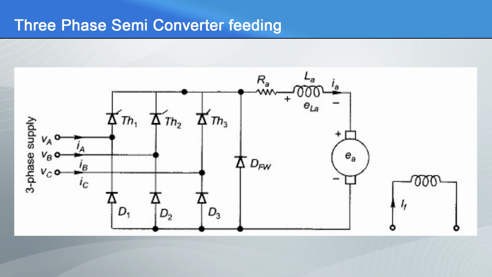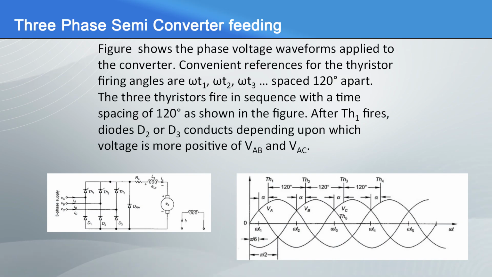The three-phase semi-converter feeding a separately excited DC motor is shown in the figure. The figure shows the phase voltage waveform applied to the converter. The convenient references for the thyristor firing angles are omega T1, omega T2, omega T3 and so on, which are spaced 120 degree apart.